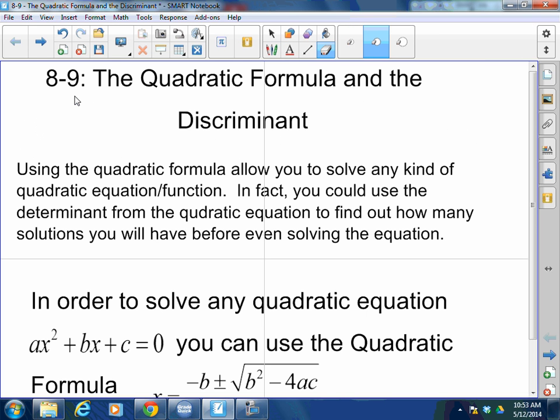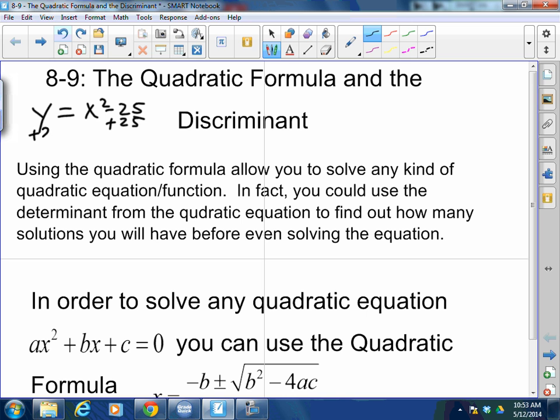You can also use the square root property if it's in the right format. If you have y equals x squared minus 25, I can add 25 to both sides, make y 0, so 25 equals x squared.